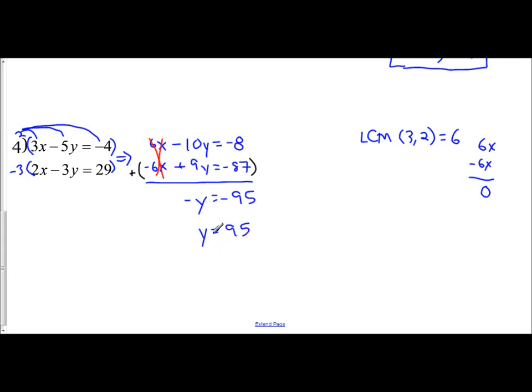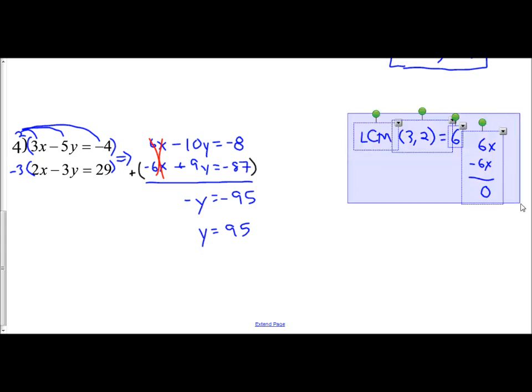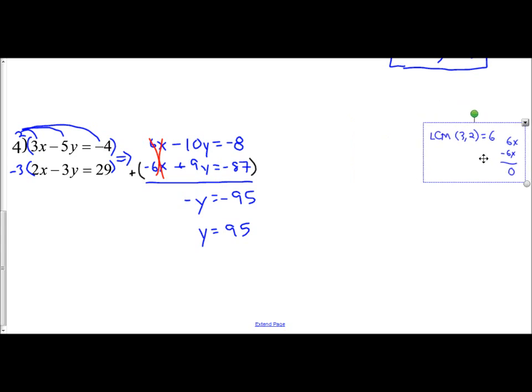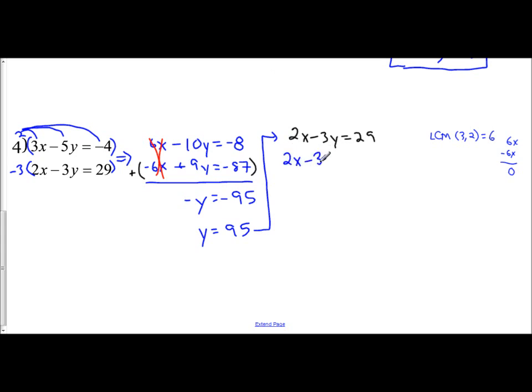So now the whole point is to find your x term. To find x, I'm going to plug it in. It doesn't matter which equation. I'm going to go ahead and use the bottom one. The bottom one says 2x minus 3y equals 29. So I have 2x minus 3 times 95 equals 29.